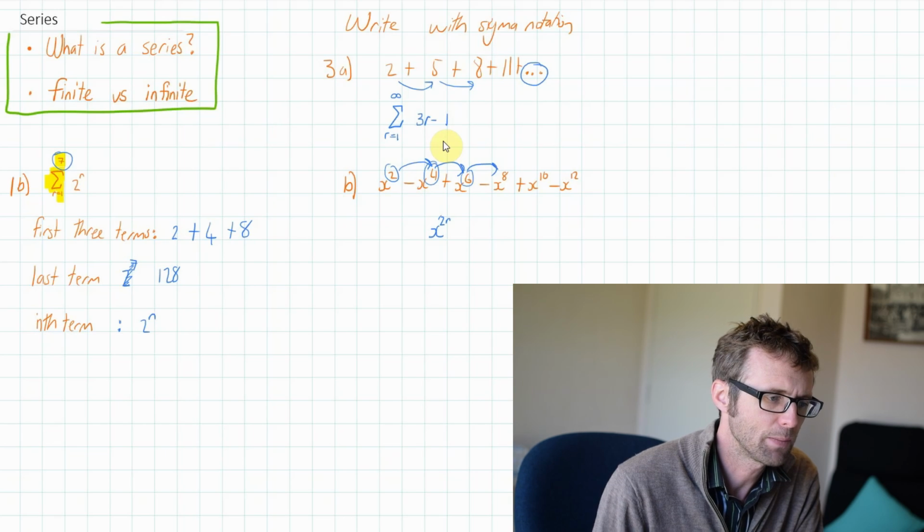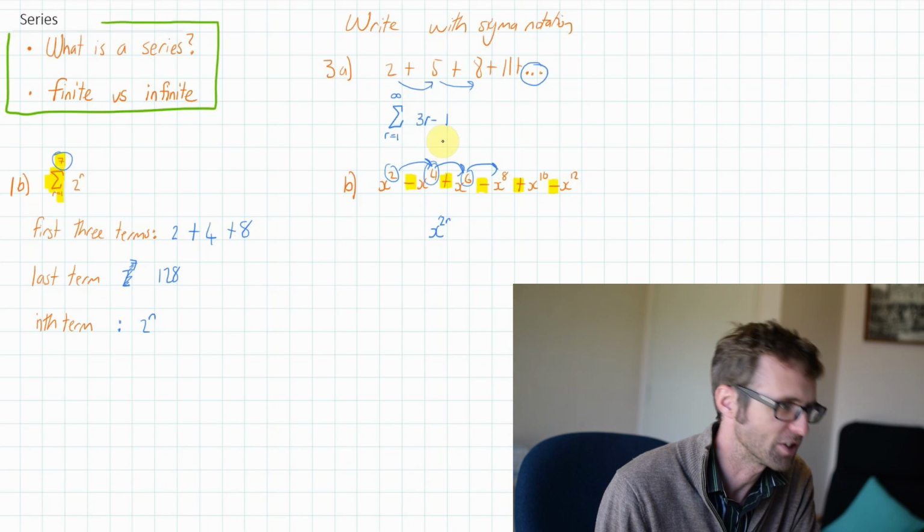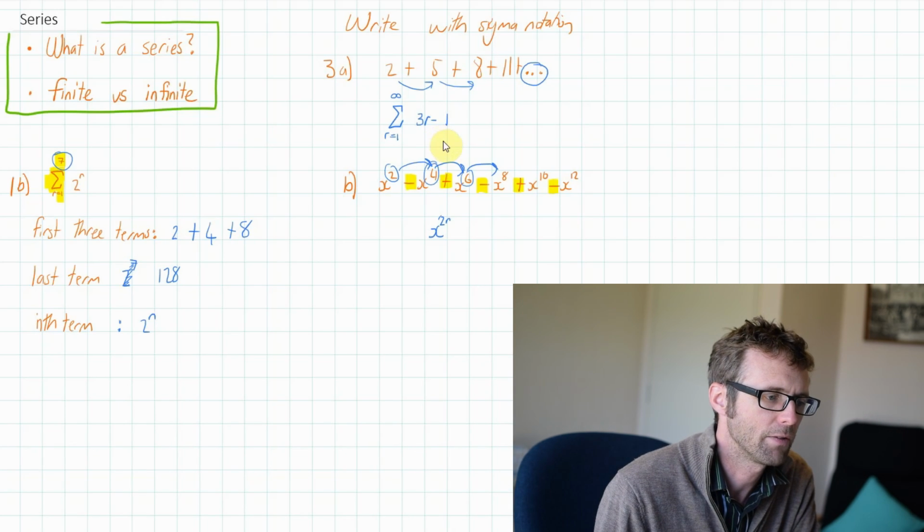Okay, so it's going to be something like that, but you notice also that we've got this nasty little change of sign here. It's alternating between a plus and a minus. And if you look at one of the examples in your textbook, I think it's example 4, they show you how to account for this.